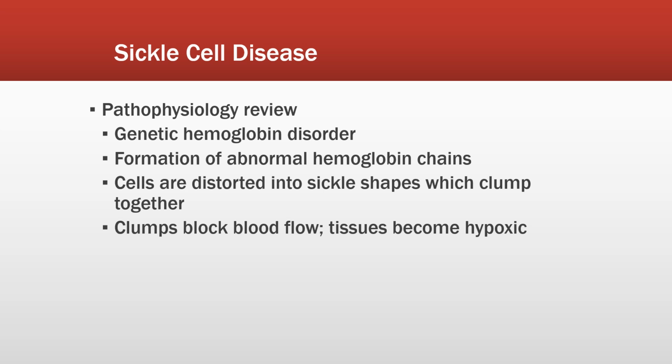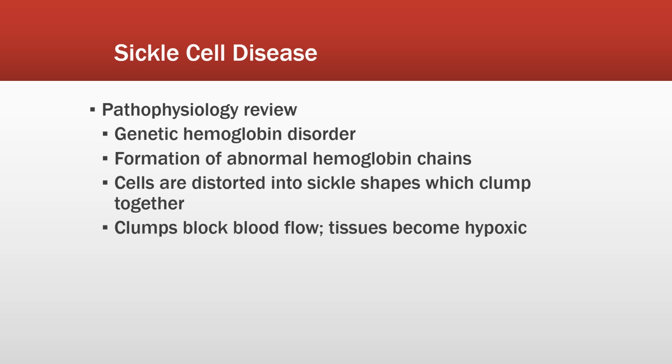Now, normally, those of us that do not have sickle cell have hemoglobin A, and that has 2 alpha and 2 beta chains of amino acids. The red blood cells have about 98% of that. So that's us normal folks that don't have sickle cell.